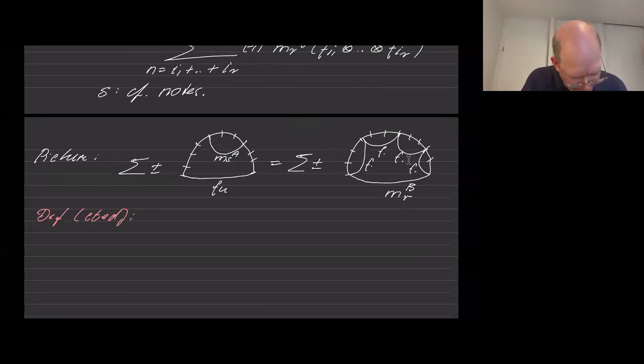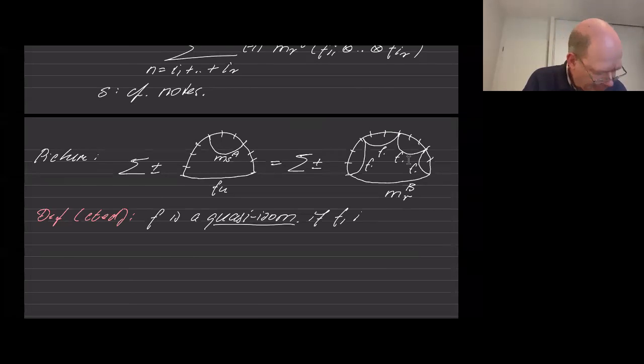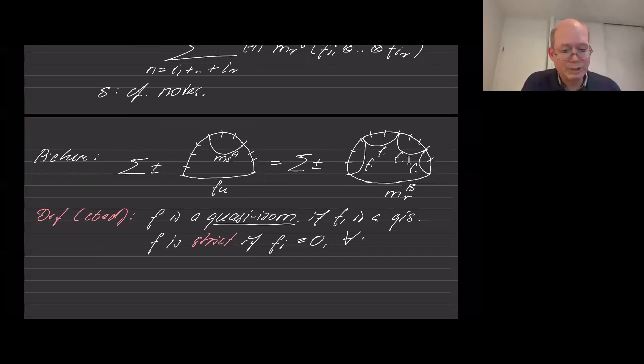We say that F is a quasi-isomorphism if F1 is a quasi-isomorphism. That makes sense, since F1 is a morphism of complexes. Then we say that F is strict if all the higher Fi vanish, i greater or equal to 2.